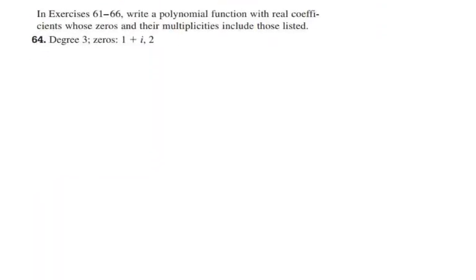Alright, then I believe our last one here is write a polynomial function with real coefficients whose zeros and their multiplicities include those listed. Superb. So, degree 3, got it, so we'll need an x cubed in the end, which will happen because if we have a zero of 2 here, that means that our factor is x minus 2.